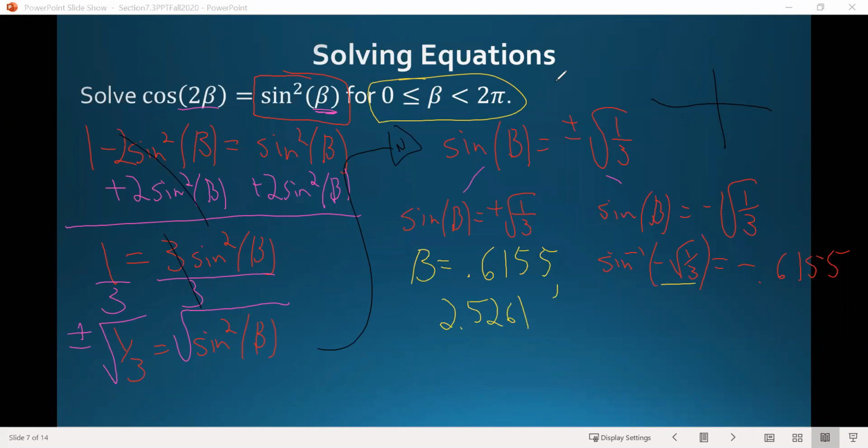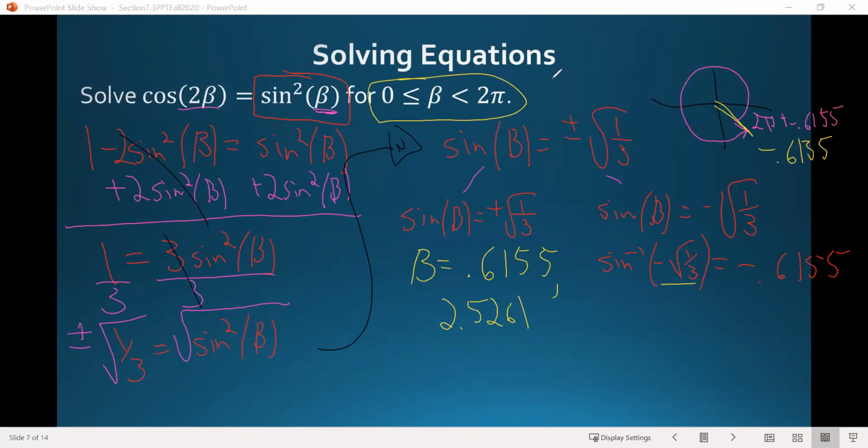Well, we took an inverse sine of a negative answer, which tells us we're getting an answer in the fourth quadrant, negative 0.6155 there. But again, we want it to be in the range of 0 to 2 pi. So the way we can do that is just by adding 2 pi to it. So we can do 2 pi plus negative 0.6155. Okay, that'll get us in the correct range.